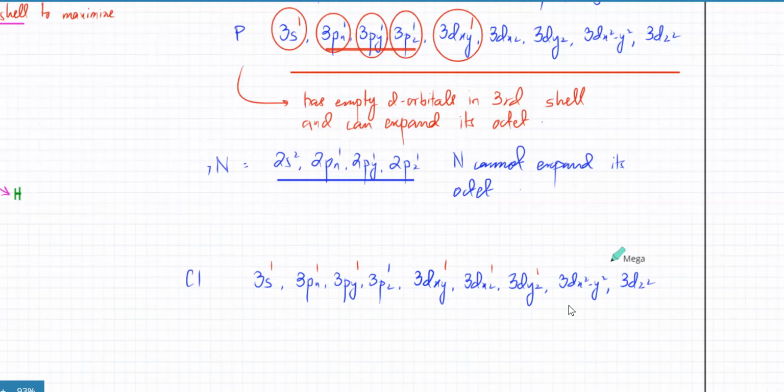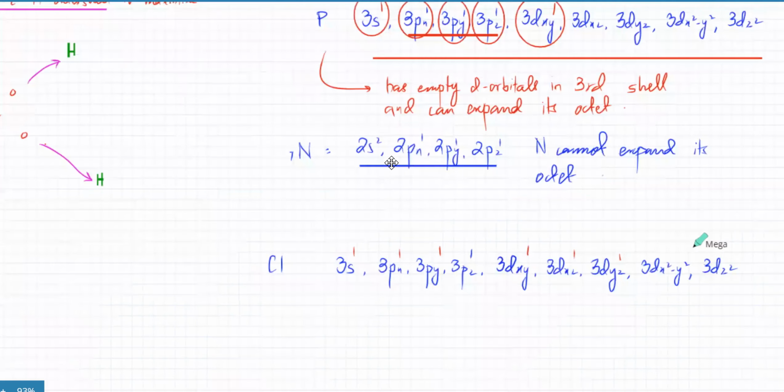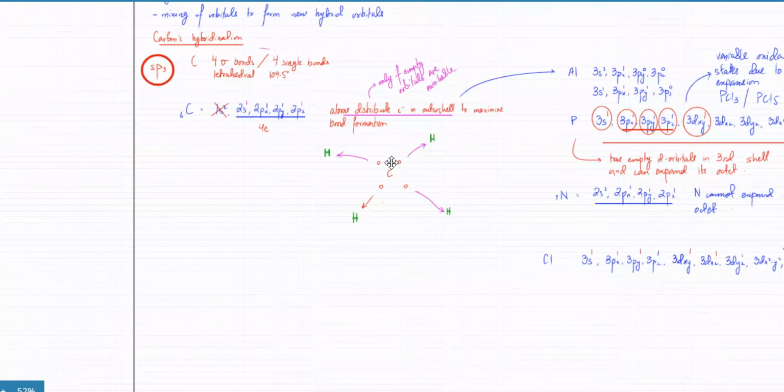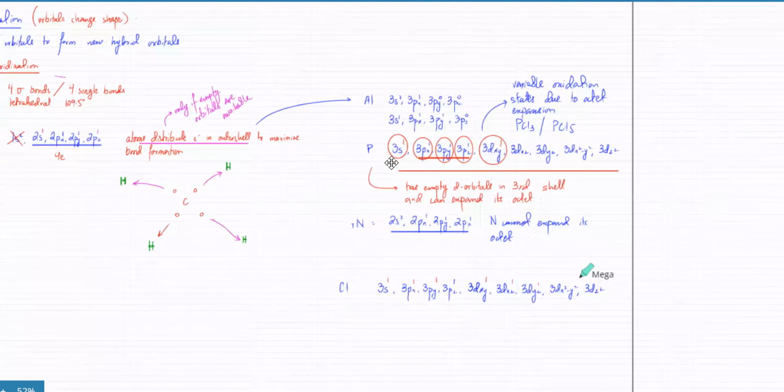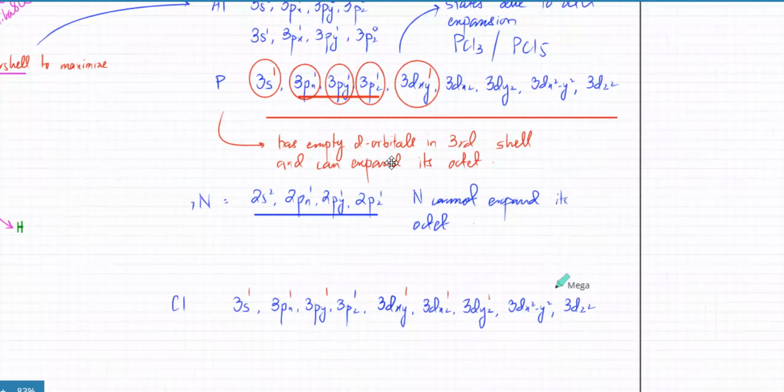Yes. But fluorine cannot do that. Group 2 cannot do that because group 2 only has these orbitals, that's it. So they can't go on distributing the electrons and maximizing bond formation. Is there any element in period 3 besides group 2?